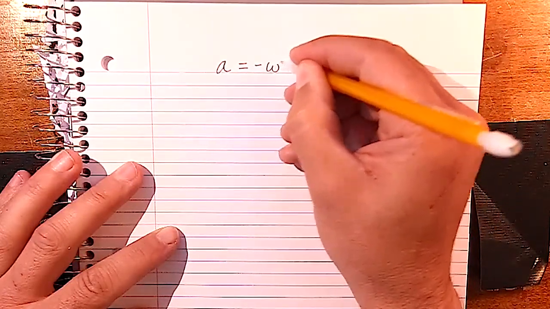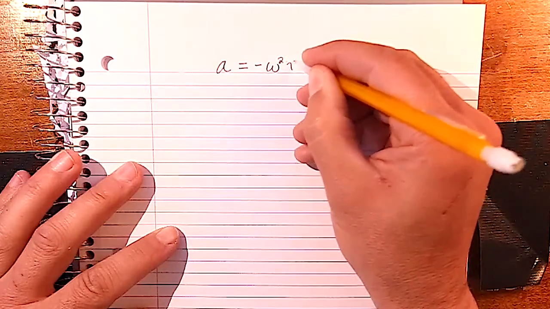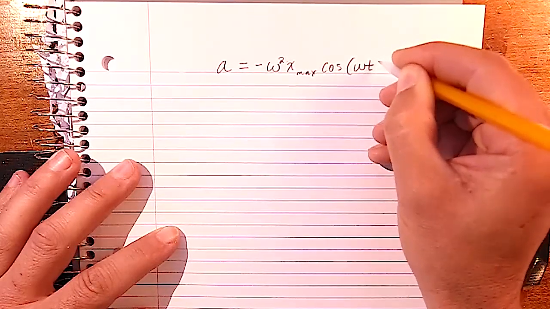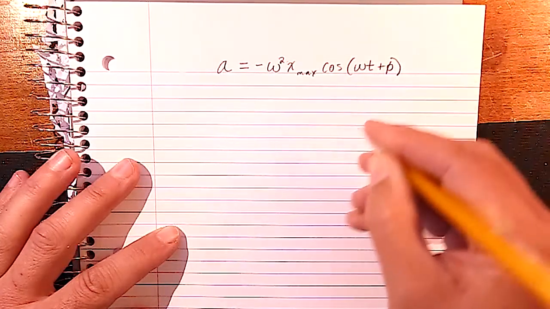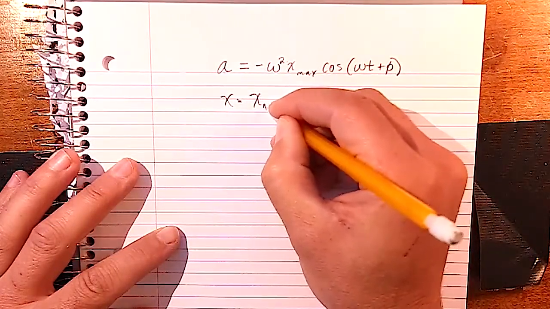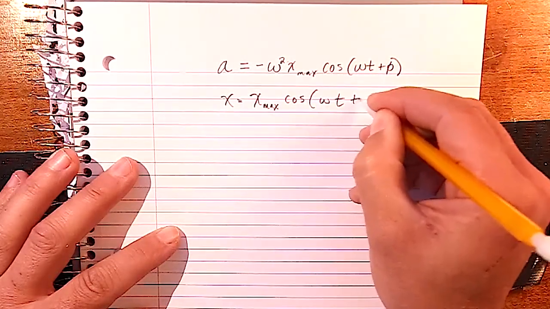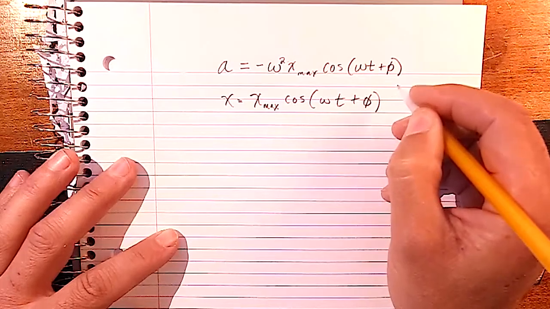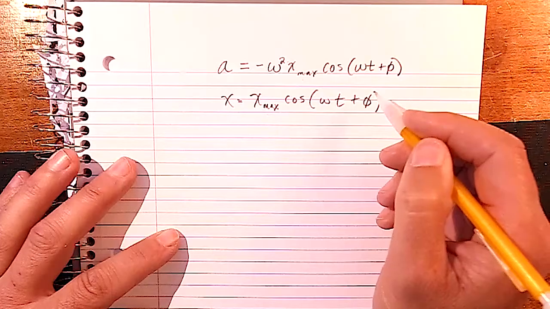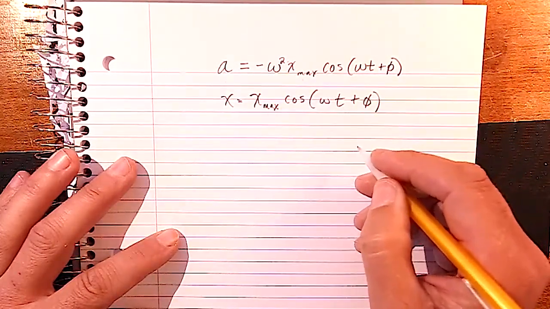We already know that the formula for acceleration is negative omega squared x max times cosine omega t plus phi, and we know that x is equal to x max cosine omega t plus phi. So the way that we're going to do this is we're going to sub in x max in here, and then our times will cancel out, and we'll be left with a formula for acceleration that is non-time dependent.